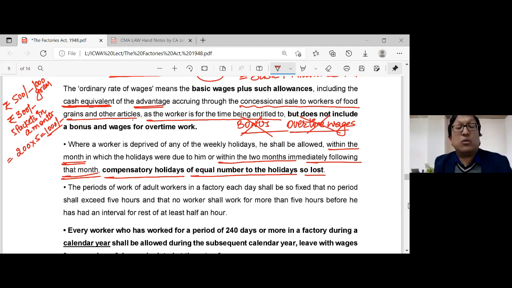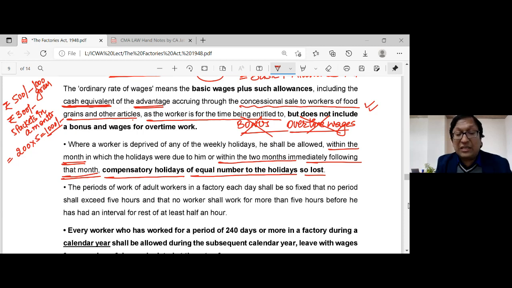Say there is a lot of work in the factory. The factory is working 24 hours, at full shift with full capacity. At that moment, if a worker has worked more than this, then he will be getting overtime wages. But he is definitely working more than 48 hours in a week, which may affect his health.